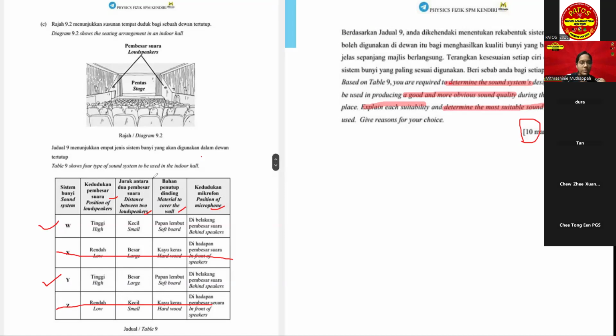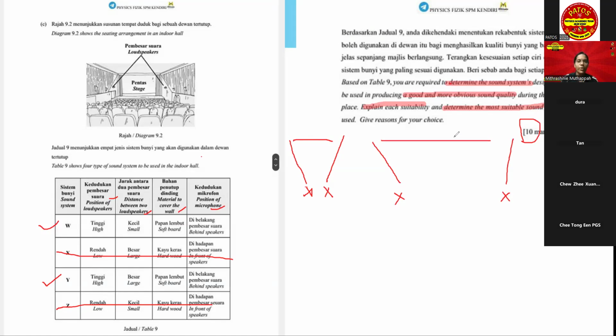In this case, we have to use our common knowledge. Imagine there are two speakers very near to each other, and the area covered is very small. And there's another place where we have a large distance between two loudspeakers, and the area covered is huge.